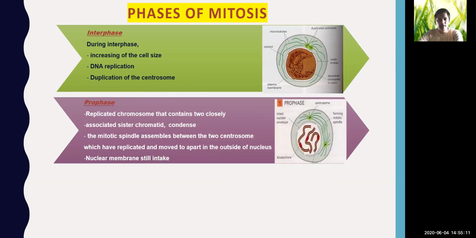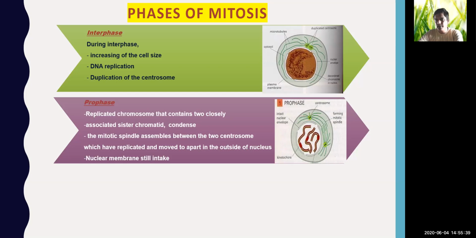In the prophase, various changes occur. The first change is that the replicated chromosome, which contains two closely associated sister chromatids, will condense. Then the mitotic spindle assembles between the two centrosomes, which have replicated and moved apart outside of the nucleus, and the nuclear membrane is still intact.